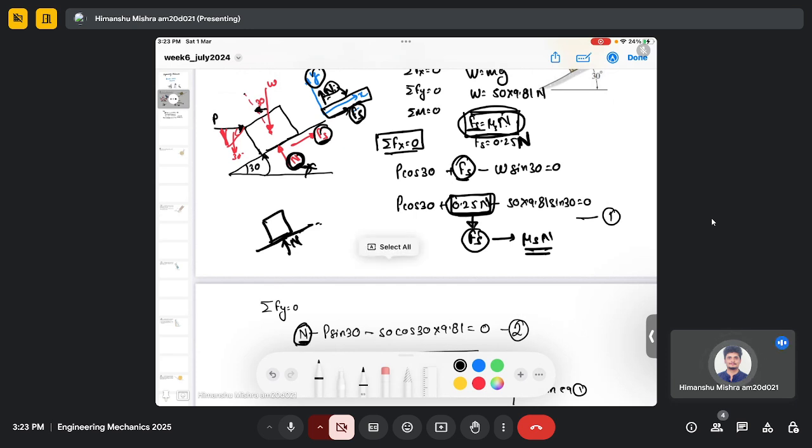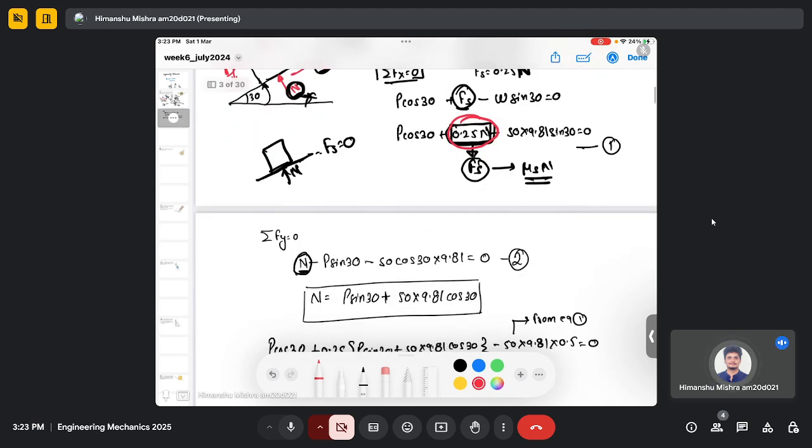What happens when you write down the x and y component equations? Since there is no friction, Fs equals 0, you will not have this term in the x equation, equation 1, but in the y equation you can still have this n term, because here you will not have a friction term.